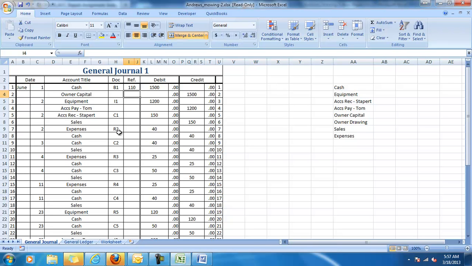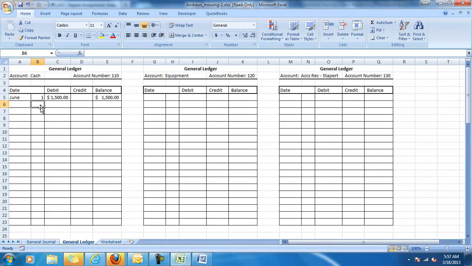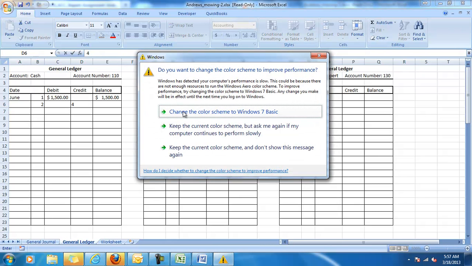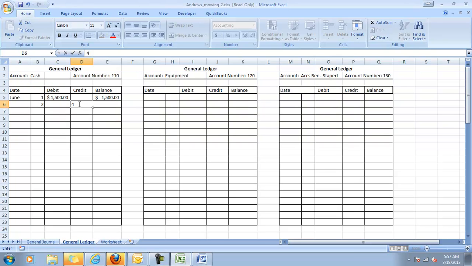Then I look for my next cash transaction. It looks like on the 2nd I had a credit of $40. Credits in cash and assets, of course, are the decreased side, so that would bring my balance down.